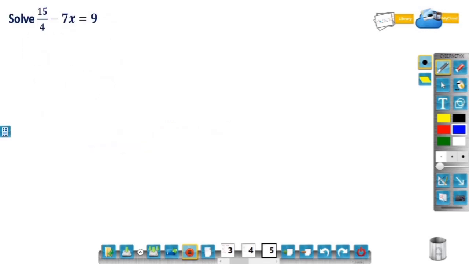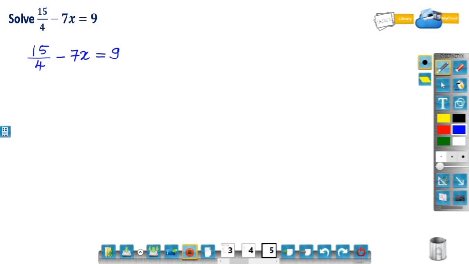Solve 15 by 4 minus 7x is equal to 9. Now 15 by 4 is one term, minus 7x is another term on the LHS, and 9 is on the RHS.